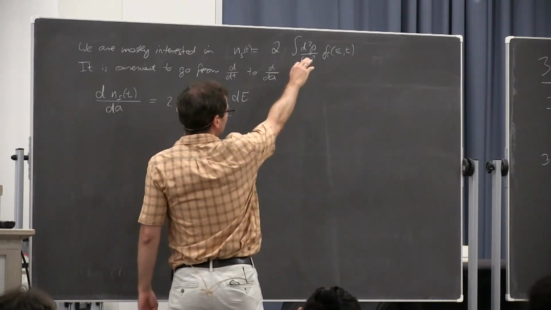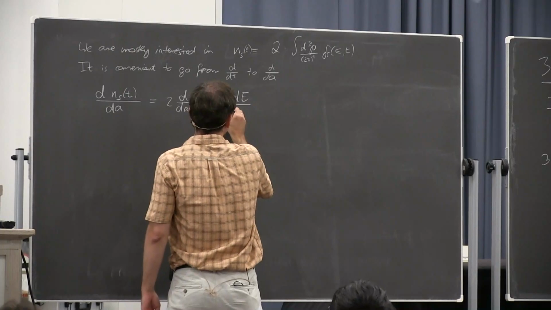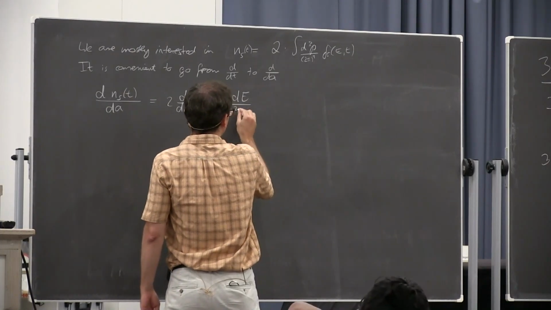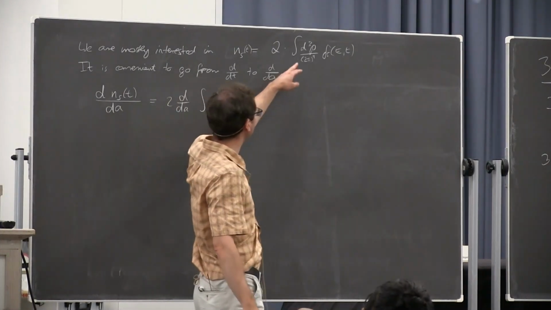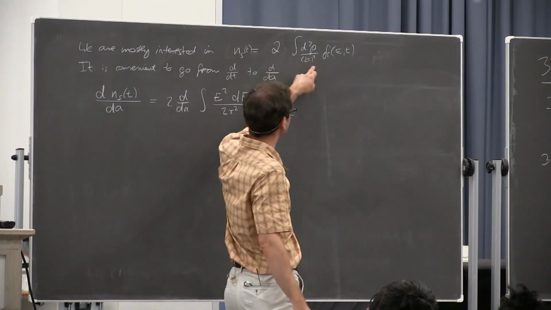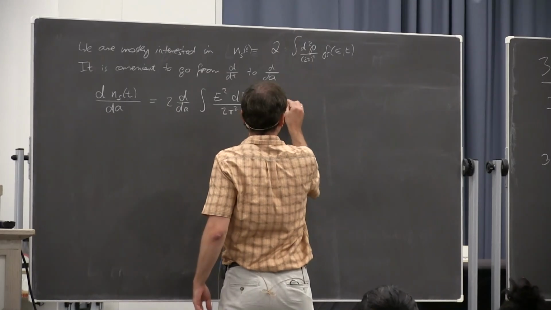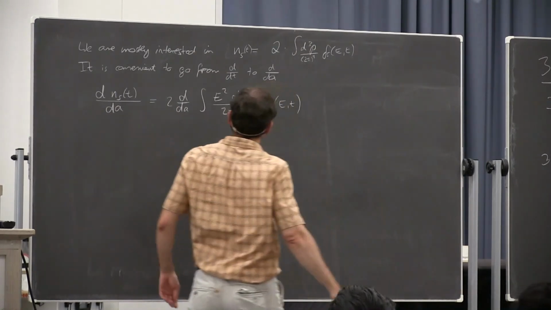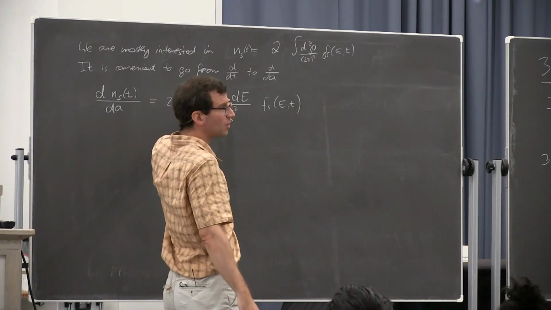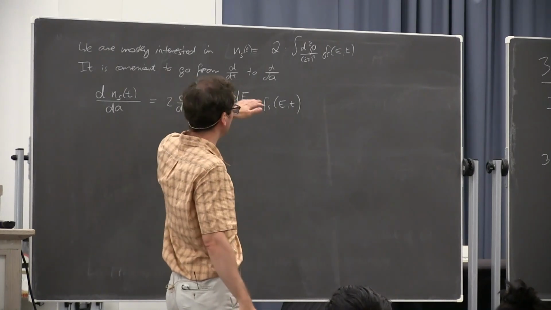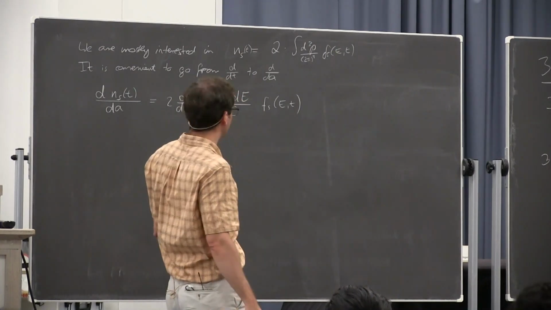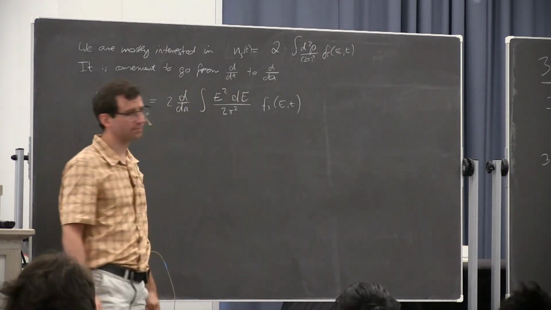I'm already carrying out the angular integrals here, divided by 2 pi square. So the factor 4 pi from the angular integrals cancels against some of the factors in the denominator, times Fs of E comma t. And I've set energy and momentum equal here because all of this is happening at a time when all our neutrinos are still highly relativistic.